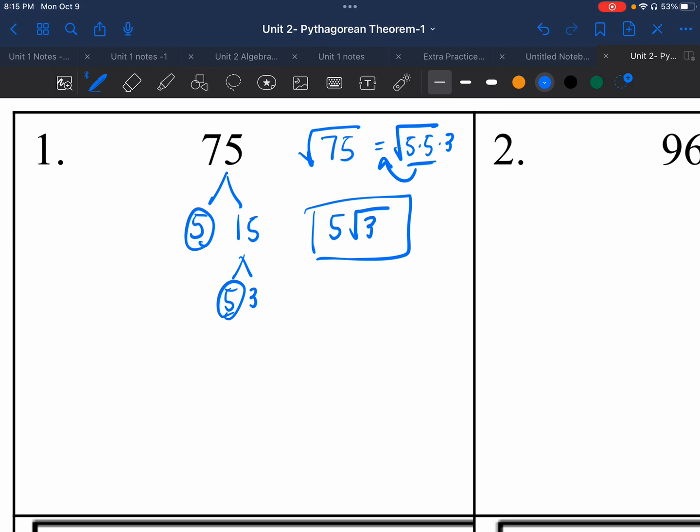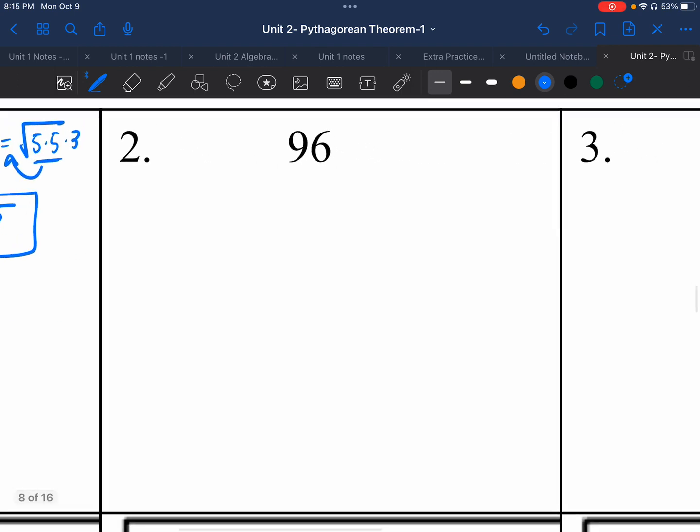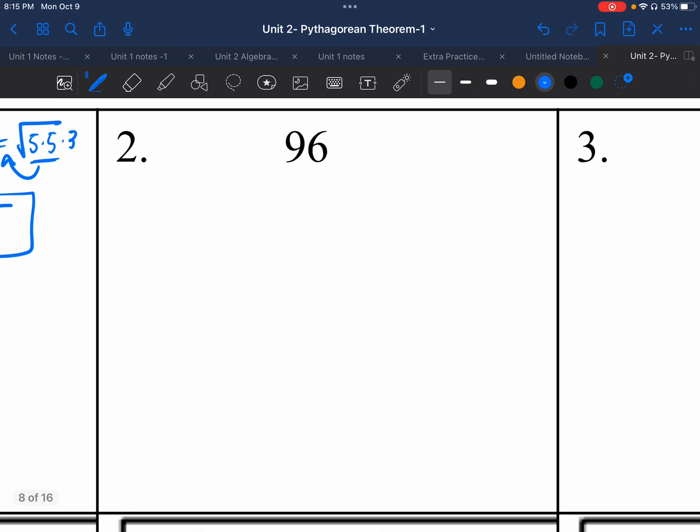They are equal expressions. Take a look at a bigger number here, 96. Now, we might not know all the different factors that make up 96, and that's okay. But I do know that 96 is definitely divisible by 2, and 2 is a prime factor. So I can do that first, 2 and 48.